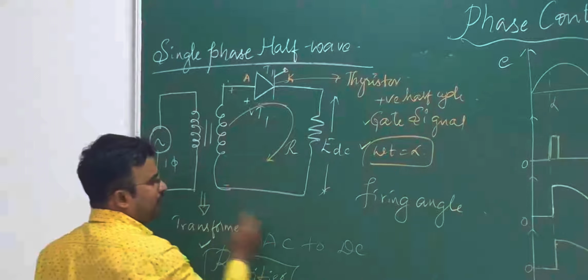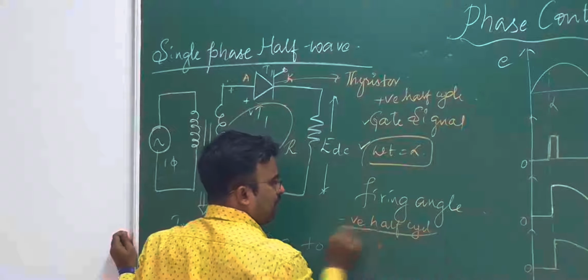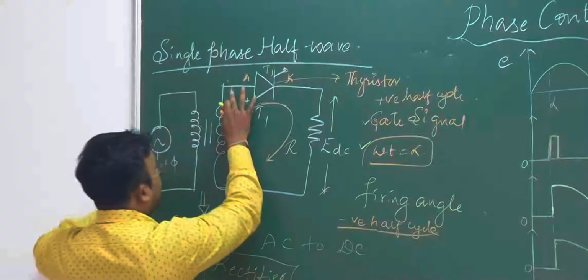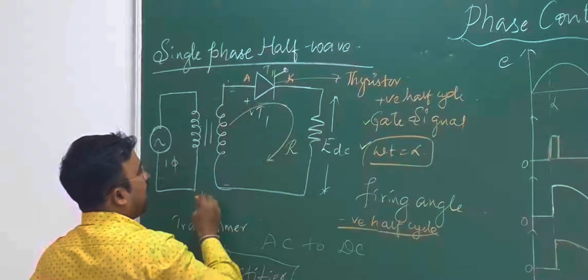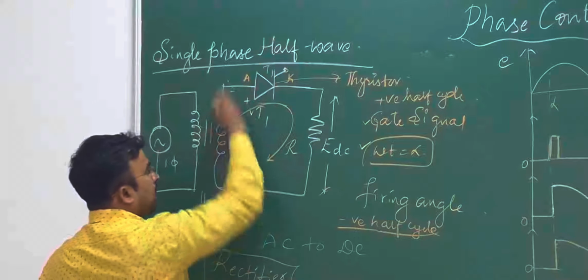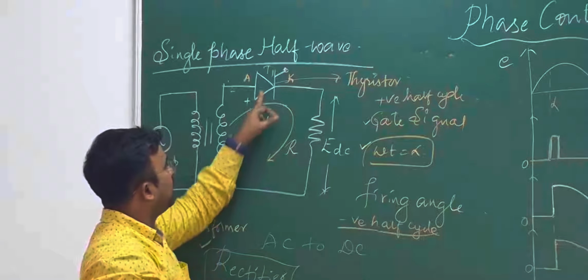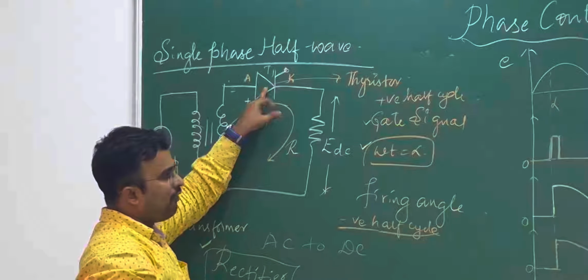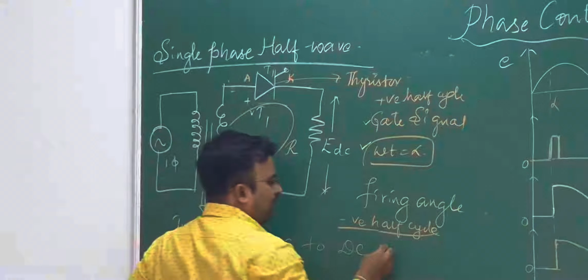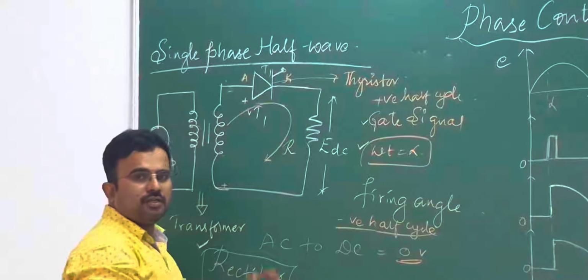During the negative half cycle, the anode terminal is negative and the cathode terminal is positive. Due to the change in polarity of the input voltage, device T1 is off. The voltage across the load will be 0 volts, and the voltage across the device will be 0 volts.